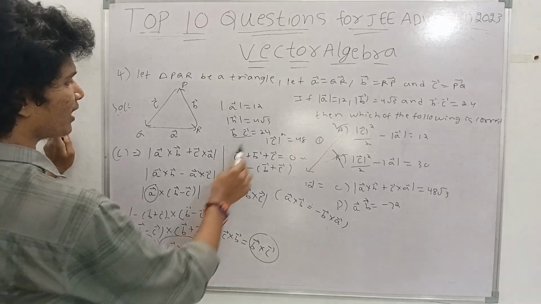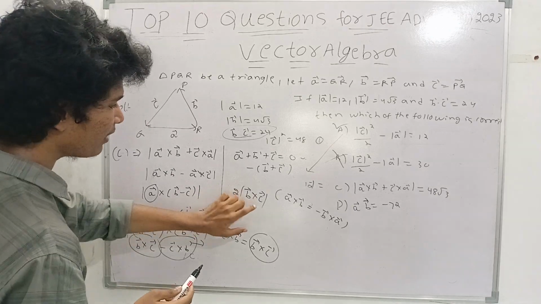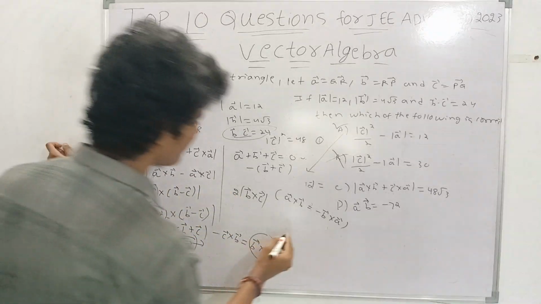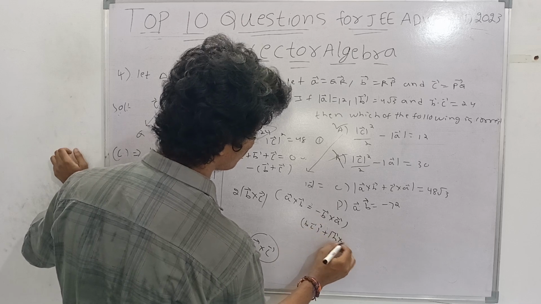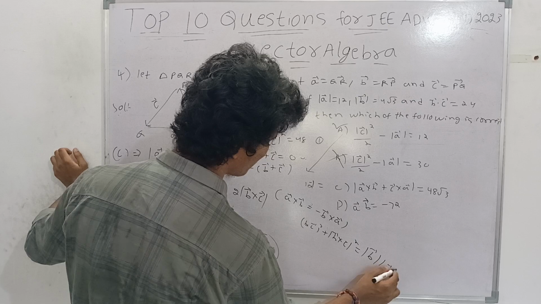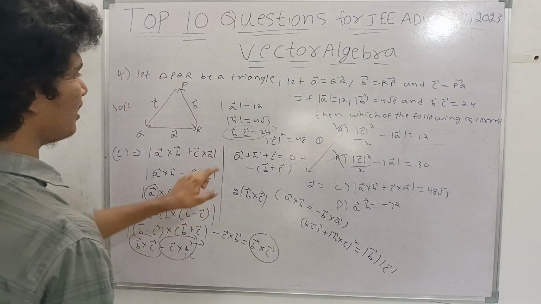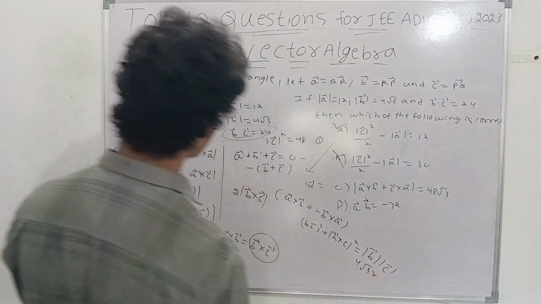Also we know that B dot C equals 24, and we have to find B cross C. By using this formula, (B dot C) whole square plus magnitude of (B cross C) whole square equals (magnitude of B times magnitude of C) square. What is magnitude of B into magnitude of C? Magnitude of B is 4 root 3. What is magnitude of C?